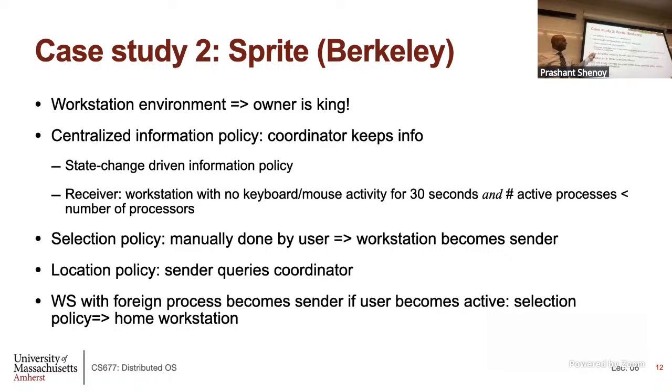You became a receiver. Okay. And then you essentially decide to take on a job, and then that job actually runs on that machine. However, because we want to respect the user, when the user came back, if you were already a receiver and you're running some foreign job, and if the keyboard or mouse activity resumed on that machine, you immediately suspended all remote jobs and gave the machine back to the user.